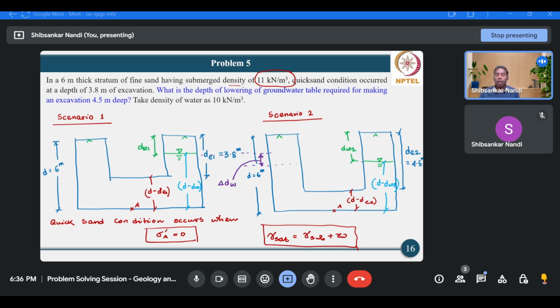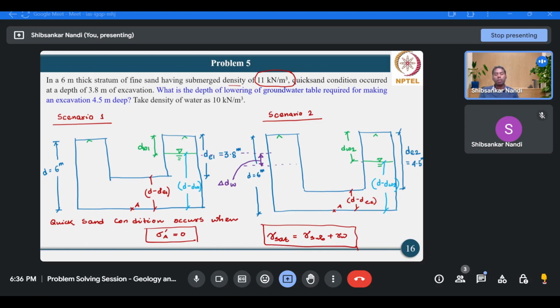To answer this, we have individually calculated the groundwater table location for both cases, case 1 and case 2, and then taken the difference between the two, which gives the depth of lowering of the groundwater table. So this is the tricky part, the identification of the location of the groundwater table. This is also a very interesting problem. You only need to know the criteria for quicksand condition.